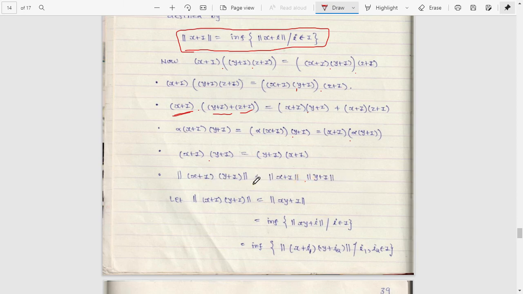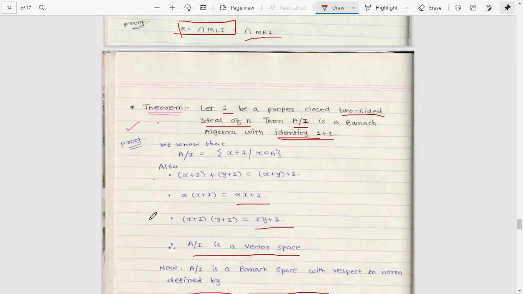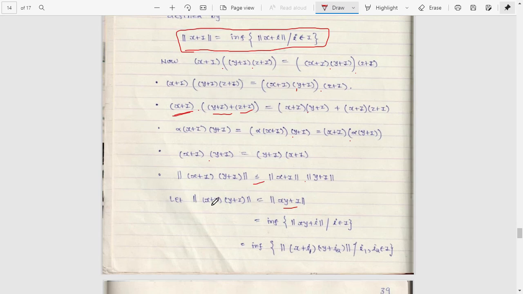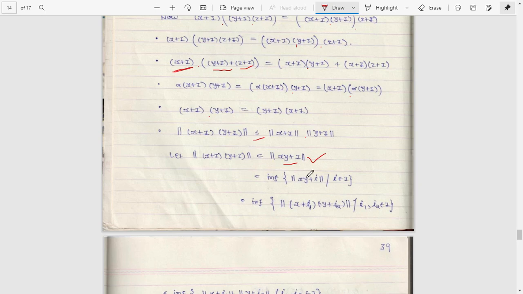Let norm of (x plus I) into (y plus I) is equal to norm of xy plus I. We use this, and now the definition of norm of x plus I, we use this, infimum of norm xy plus i such that i belongs to I.